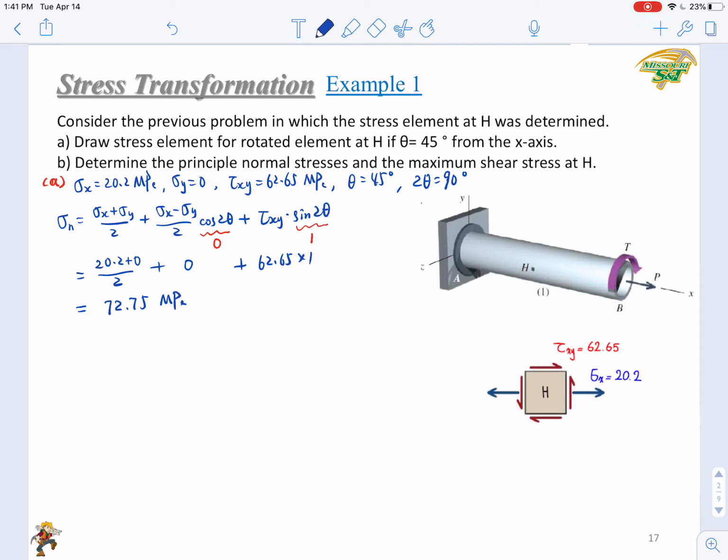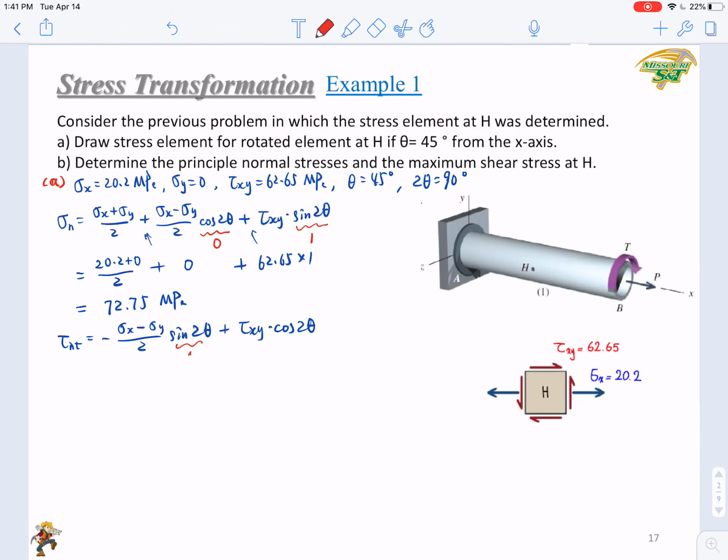If you turn this positive sign to negative, you can calculate the sigma t. Then we can calculate the tau nt. The equation says negative sigma x minus sigma y over 2 sine 2 theta, plus tau xy cosine 2 theta.